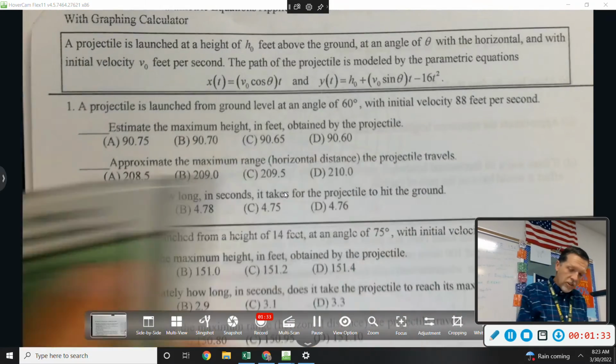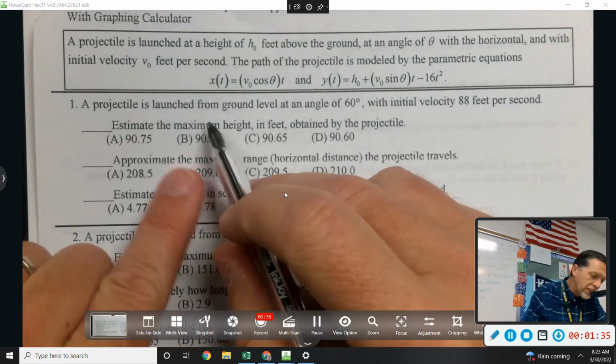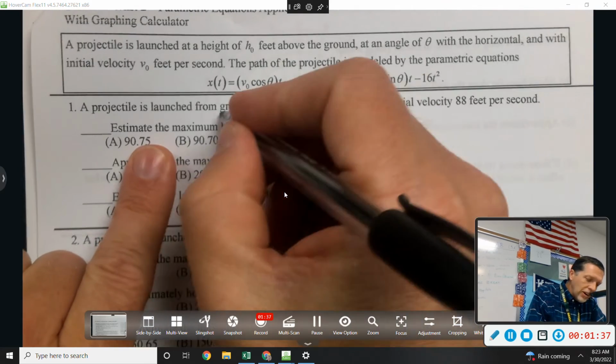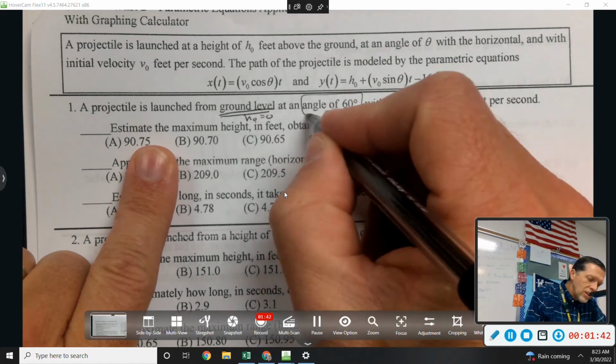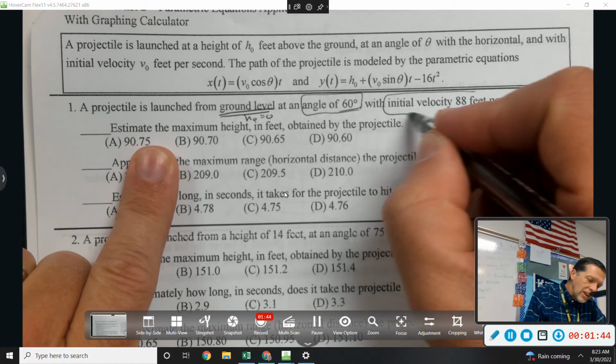All right, a projectile, I can't go straight to the calculator. Projectile is launched from a ground level, that's nice, h0 is 0. Launch angle, initial velocity.